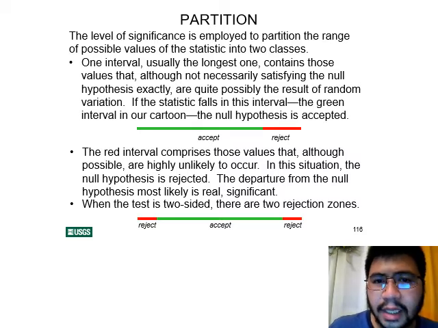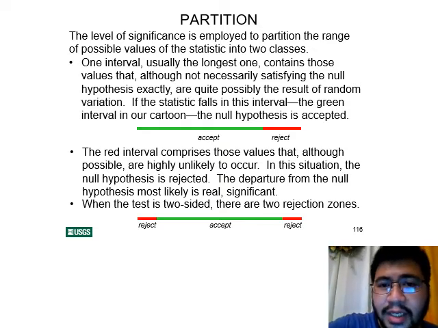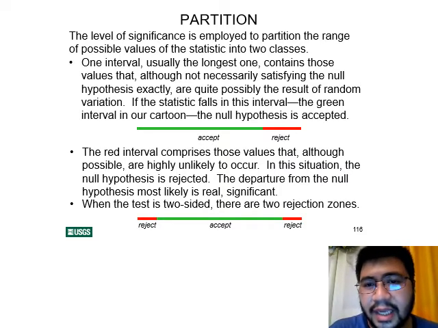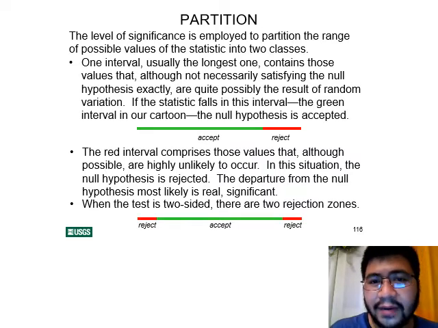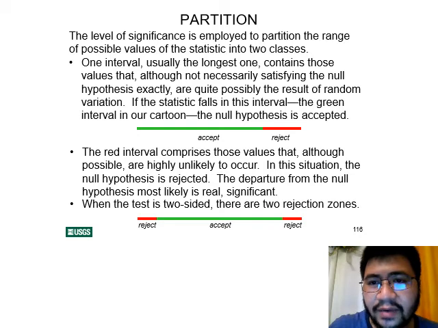Now, we can also express that chance in a positive way. We have what we call the confidence level, which is basically the chance of you being right. Confidence level is just 100 minus your level of significance. So if you have a level of significance of 5%, you have a confidence level of 95%.